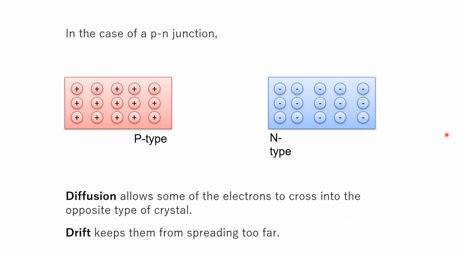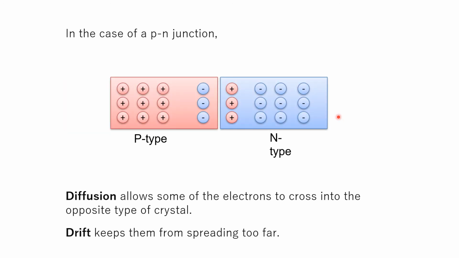Now, just to give you a visualization, this is your p-type material and then your n-type material. For your p-type materials, you have holes, and in your n-type material, you have electrons. If you combine the two, by diffusion, some of the electrons are able to cross into the p-type material, and some of the holes are able to cross to the n-type material.